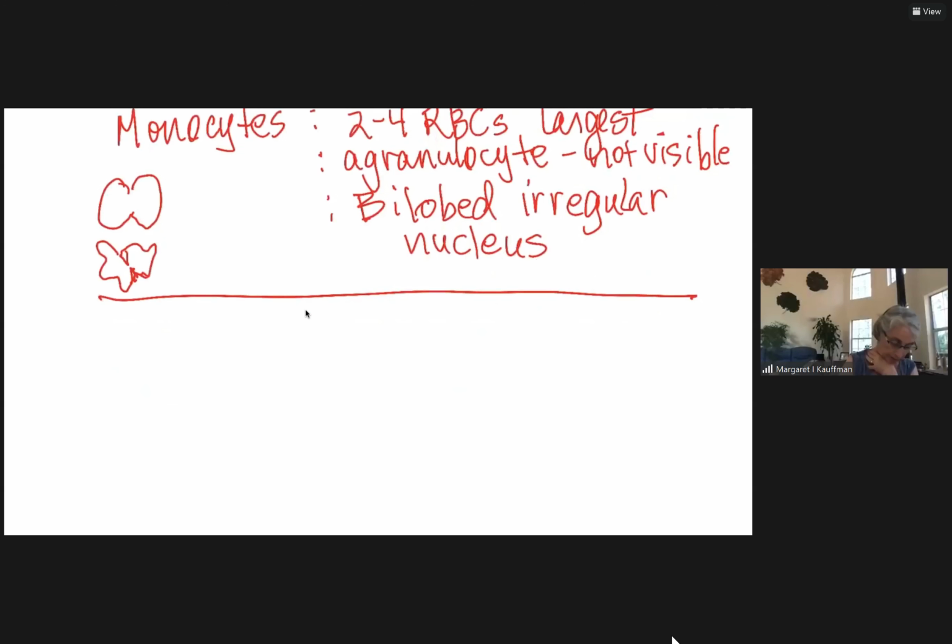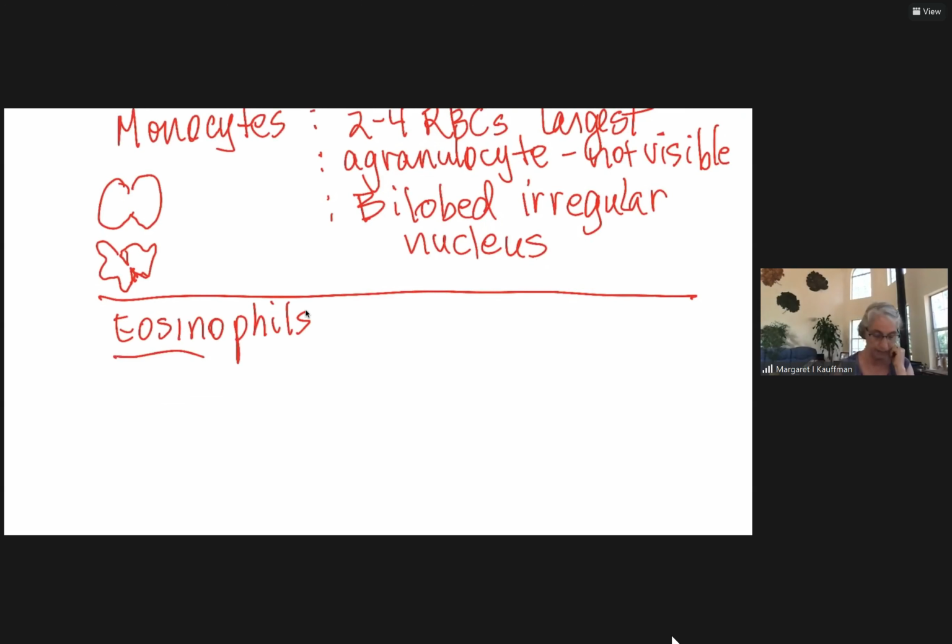Okay, you'd be struggling if we were really in lab to see eosinophils and basophils, since eosinophils only make up 2 to 4% of all the white blood cells in your blood. These are highly distinctive. Eosin is a pink colored stain.